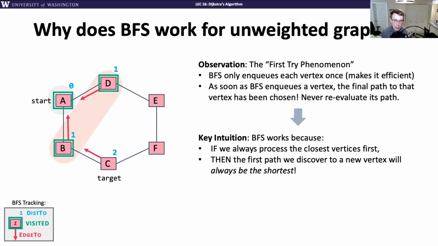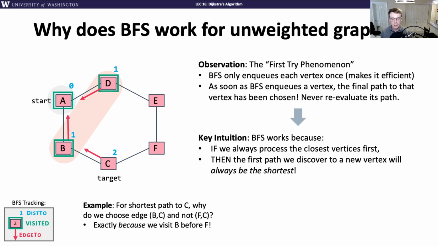For example, if we're trying to find the path from A to C, we're always going to take this A to B to C path, not the A to D to E to F to C path, because we always enqueue nodes based off how close they are. So we'd always include B and D together. And because we're using breadth first search, we always will dequeue B before dequeuing E, F, and getting to C. That's the key intuition here for why this works.